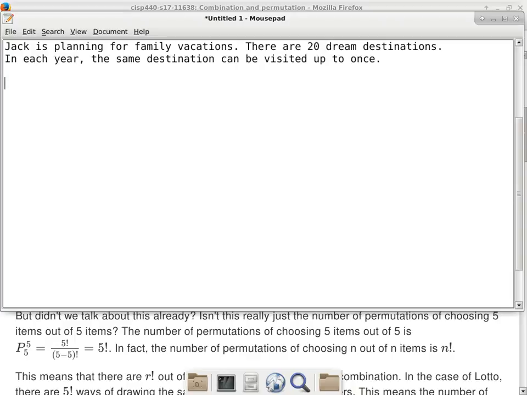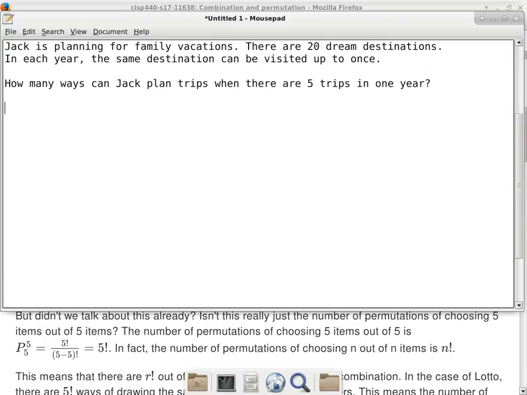So the question is, how many ways can Jack plan trips when there are, I don't know, like 5 trips in 1 year? Okay, so if this is the question, what are you going to ask?